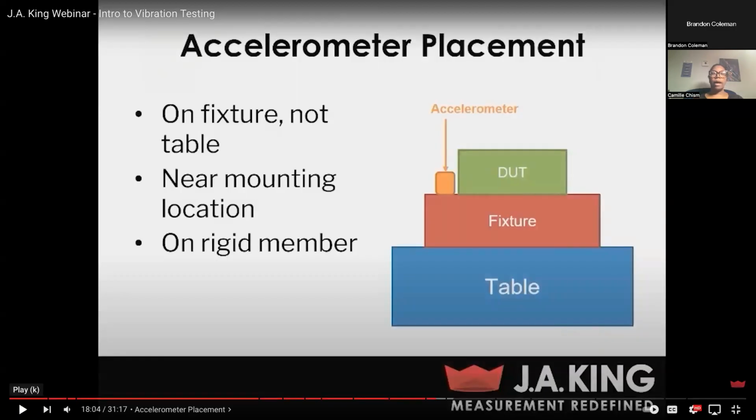So again, FYI, if you're in a test lab, the test lab staff has already worked this out and they know this already, but good for you to know. If you see someone put an accelerometer right on top of your product that you're testing, that might be a red flag for you to talk to them. But generally they're going to have all this stuff worked out and they understand this already.